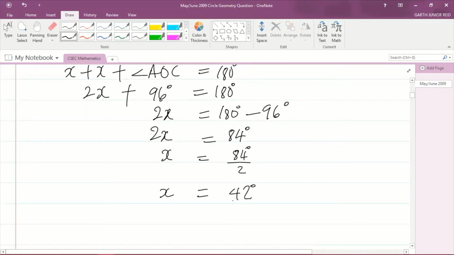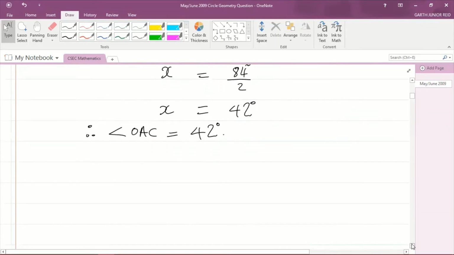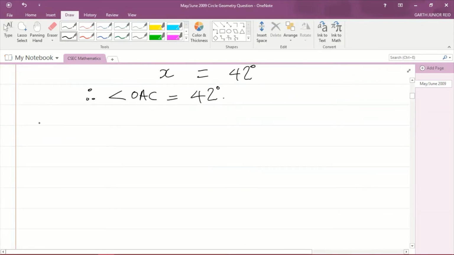Great. So therefore, what we're saying is that the angle OAC is equal to 42 degrees. And let us just write our reason here. The reason: we stated that the base angles of an isosceles triangle are equal.